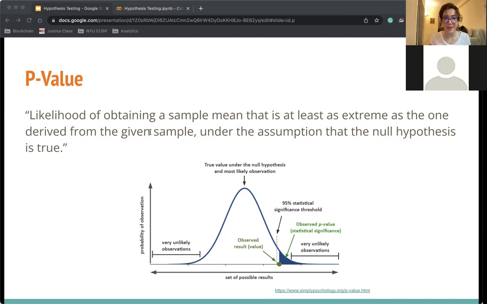So I threw a lot at you there. What's most important is that before you even conduct the test, you should establish this statistical significance threshold that you are okay with. Sometimes 95% is good enough, usually for research purposes, but that is very questionable.